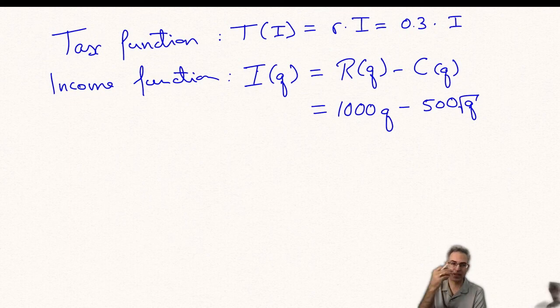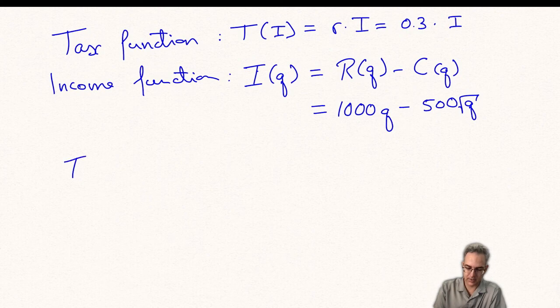And how does the tax we have to pay change as we change our quantity? That is a question that might actually happen in everyday life. Your tax is a function of income, and income is a function of quantity. So what you want to know is, how does tax change with quantity?